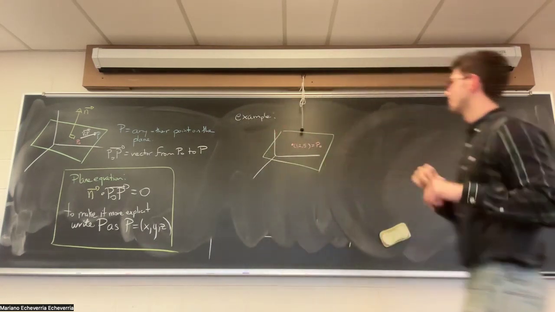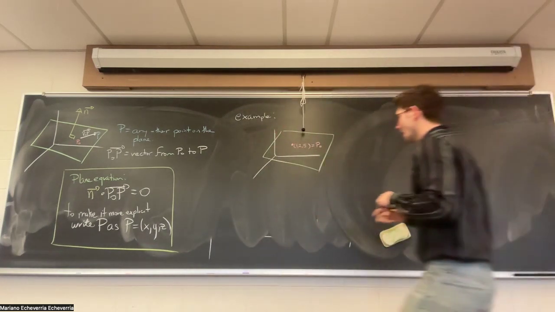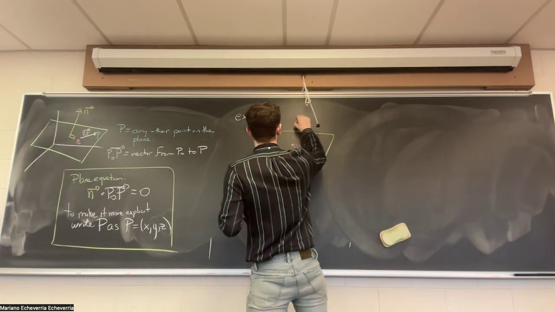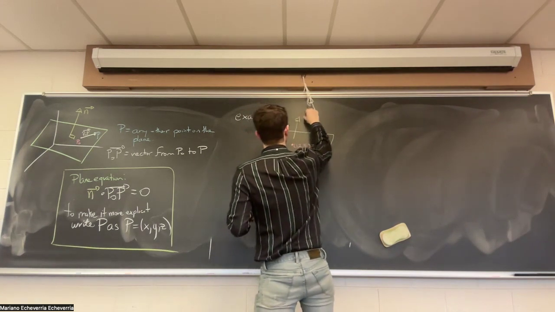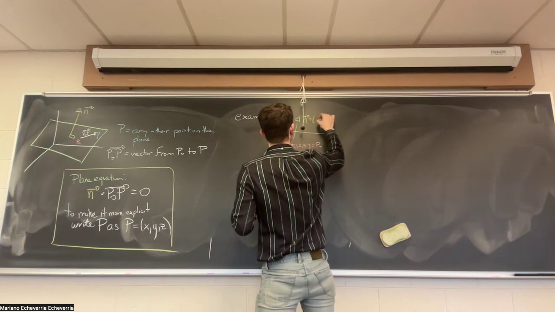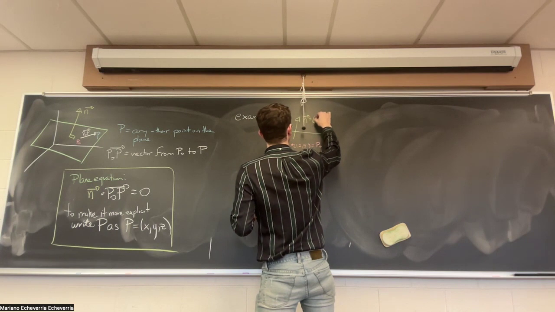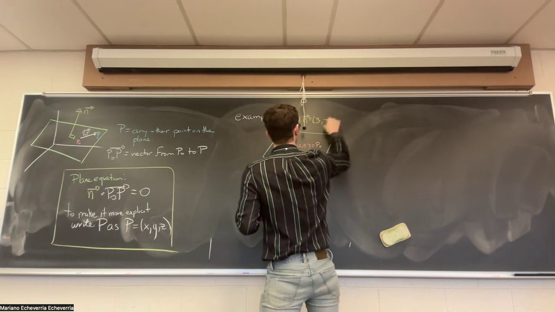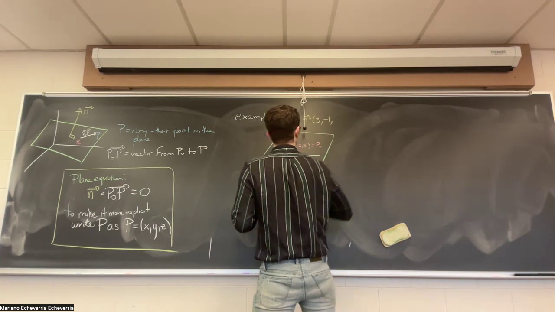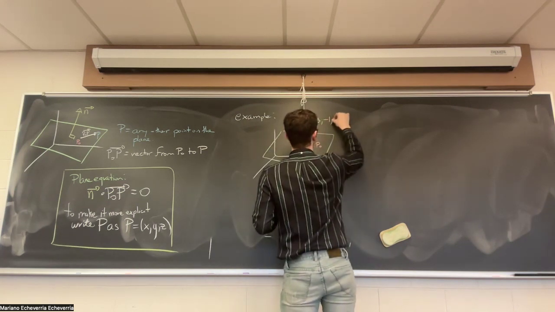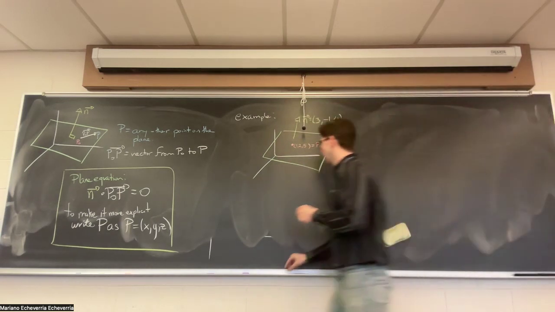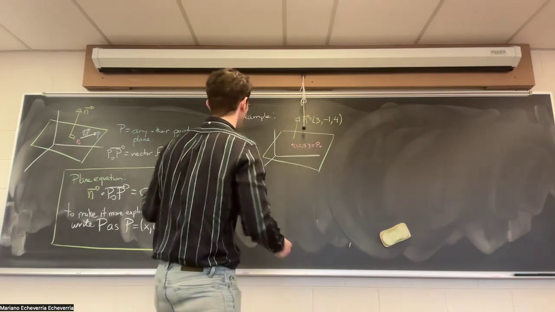I want a plane that passes through that point and has a normal vector, let's say, I'll give the normal vector as something. We're going to find the equation of the plane.